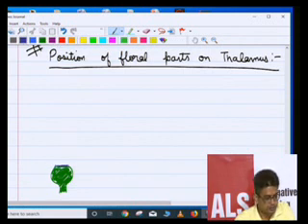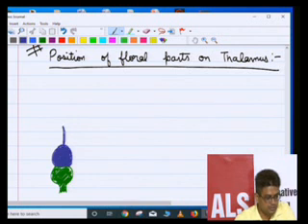I am going to use purple. This is the ovary. Okay. This is the ovary.